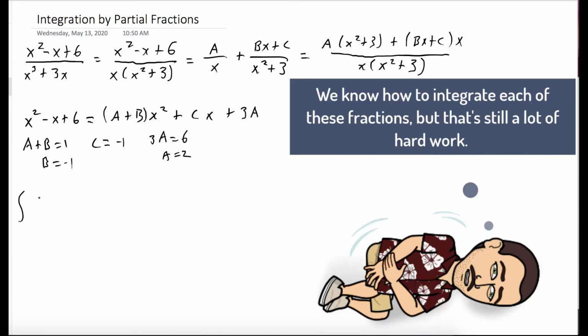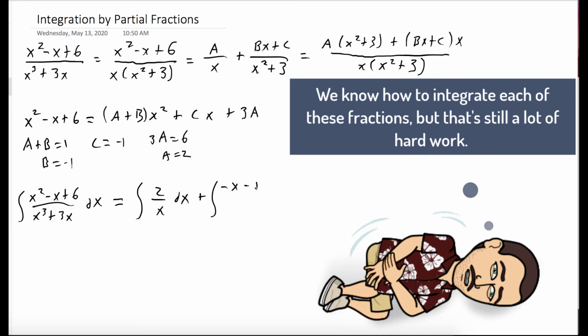So to evaluate the integral of x squared minus x plus 6 over x to the third plus 3x, what we're going to do is evaluate the integral of 2 over x plus the integral of negative x minus 1 over x squared plus 3.